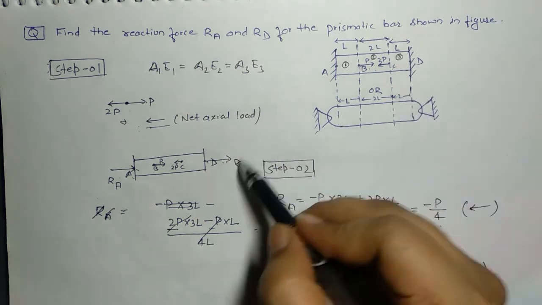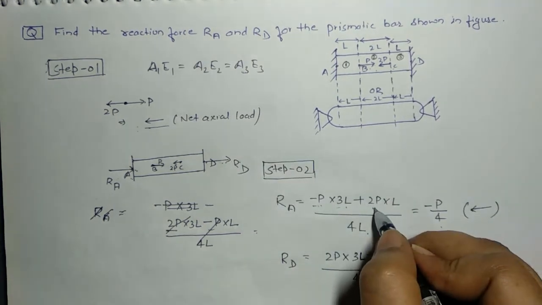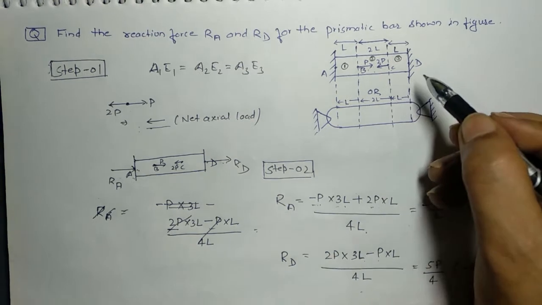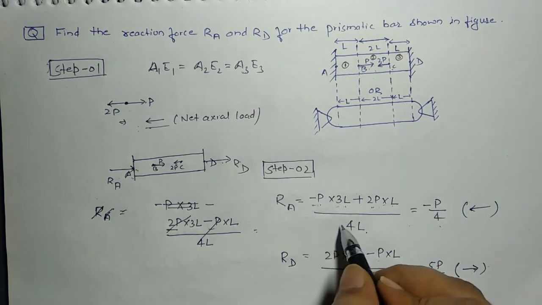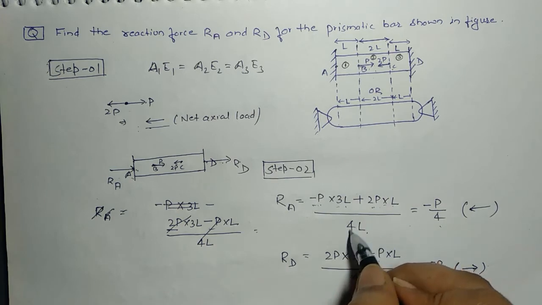So both of these are in opposite directions, so we have used positive here, and the distance between C and D is L, so we have used L, and divided by the length of the bar, which is 4L.